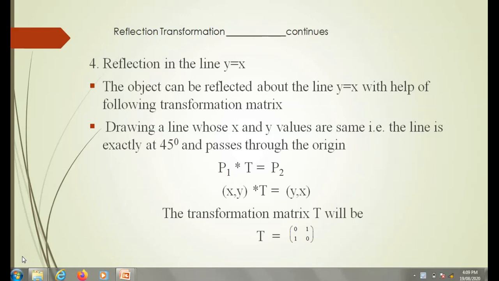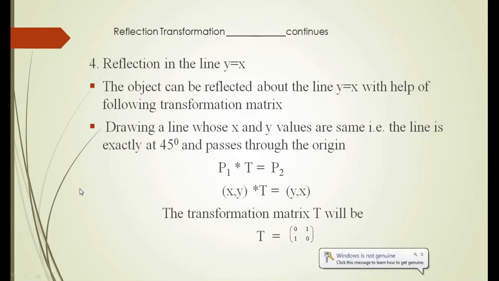Here we are drawing a line whose x and y values are the same, that is, the line is exactly at 45 degrees and passes through the origin.